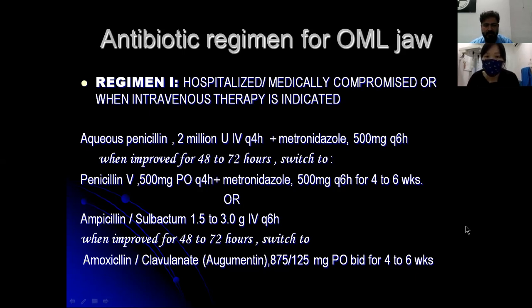Then when improved, switch to amoxicillin or Augmentin orally for 4 to 6 weeks. So first IV antibiotics are given for 72 hours. If there is an improvement, then you can switch over to oral.